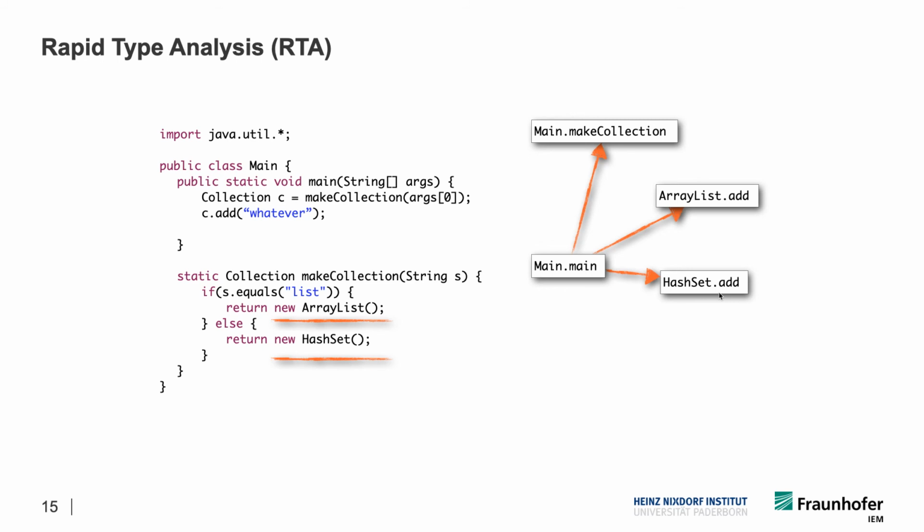Okay. And just to make sure you understand, I could even have something like this, right? I could even have an instantiation of LinkedList here, and I don't call add on this object ever in the program, right? But nonetheless, just because this instantiation exists somewhere in the program, we will assume that this add call can also go to LinkedList.add.